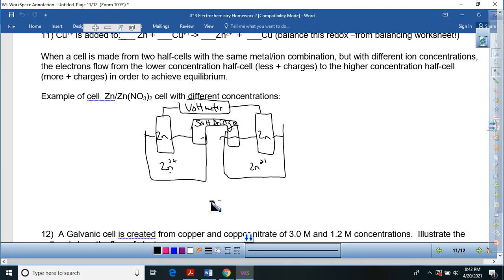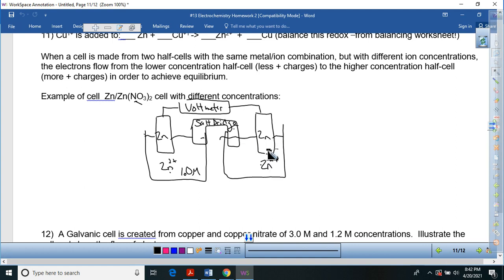Okay, so what we have here, we're being told that we have two zinc nitrate solutions and they have different concentrations. So let's say on the left-hand side, I have a zinc nitrate, and once again, you don't have to put the nitrate, but let's say we have a zinc nitrate concentration of 1.0 molar. Unless you've been told otherwise, you can assume the concentration is 1 molar.